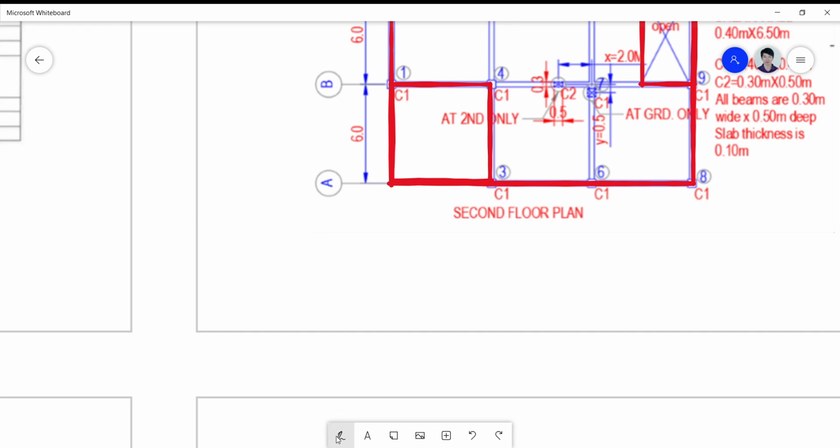I think my reference here for my origin is located somewhere here. Okay, so if I'm going to solve for the x's, these are the centroids of these rectangles. So x here is actually this distance.